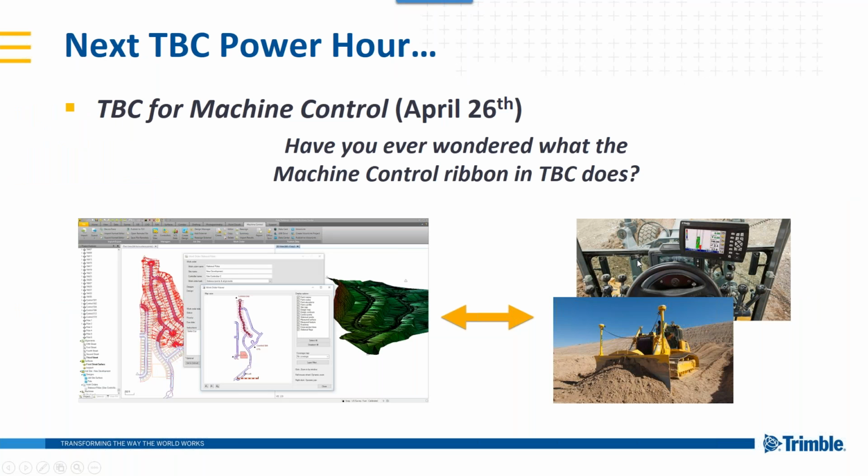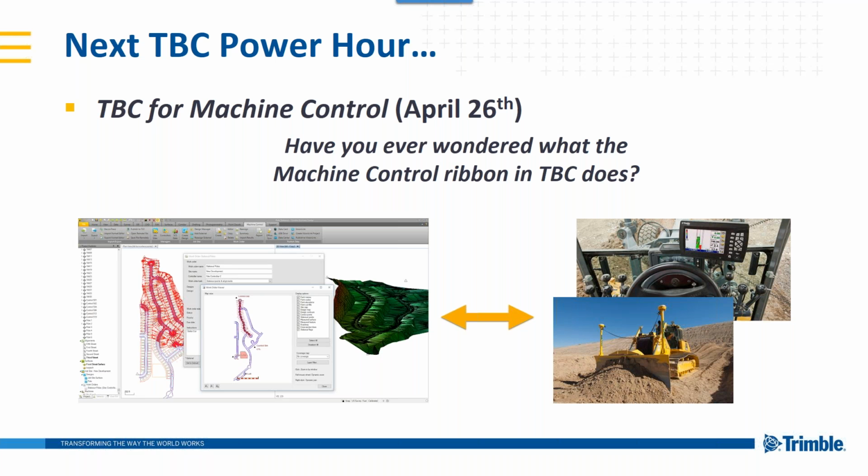So some extra resource information. First of all, just want to mention next month's Power Hour, we do have topics set up for this, and I think it's an exciting one that a few people will be interested in for sure, and that's TBC for machine control. Sophie mentioned it today in her demonstration, you might not know why we have that machine control tab in TBC. So next month's Power Hour, we're going to dive into that and explain what that ribbon is used for and how maybe you as a surveyor using TBC already might benefit from using the machine control functionality.